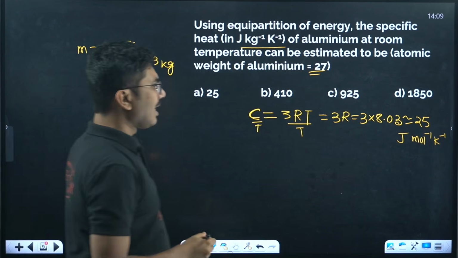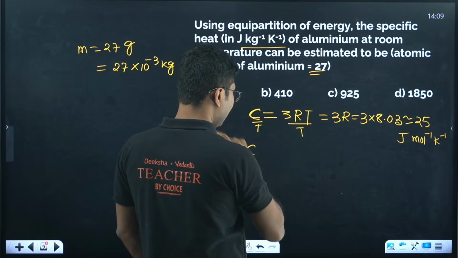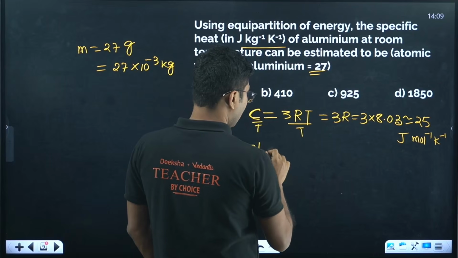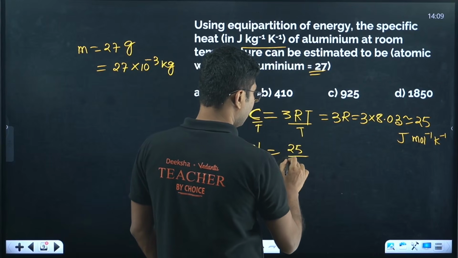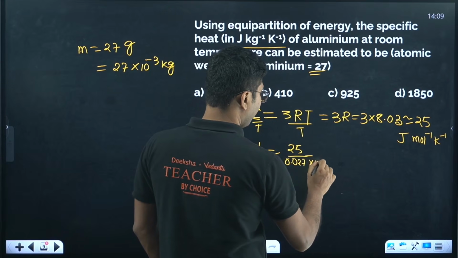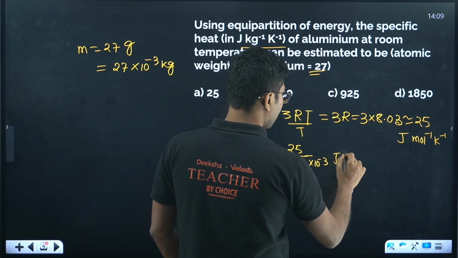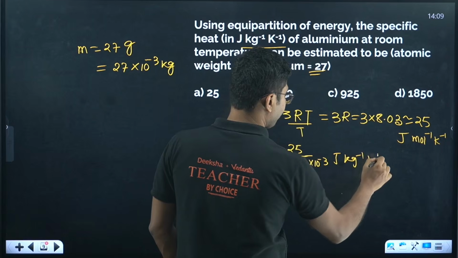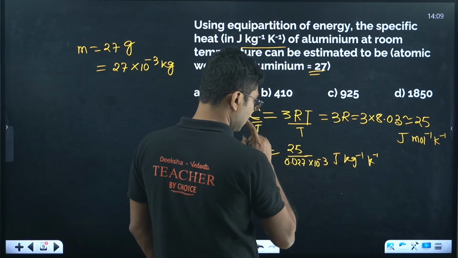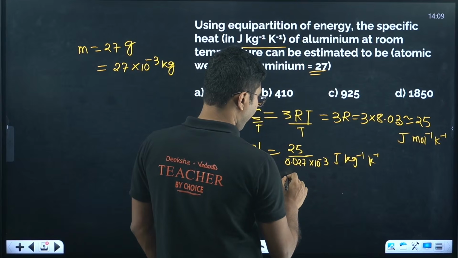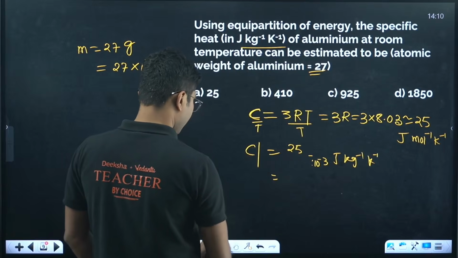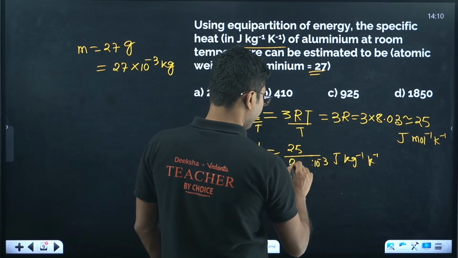So obviously, to calculate the specific heat per kg, we have to divide this value by 27 into 10 to the power of minus 3, giving joules per kg per Kelvin. Sorry, I have not converted it into kilograms yet, so it will be 27.